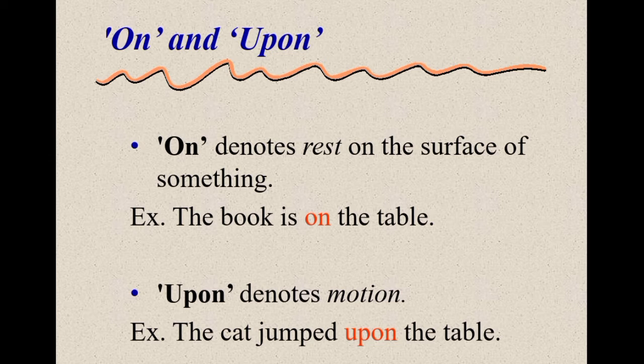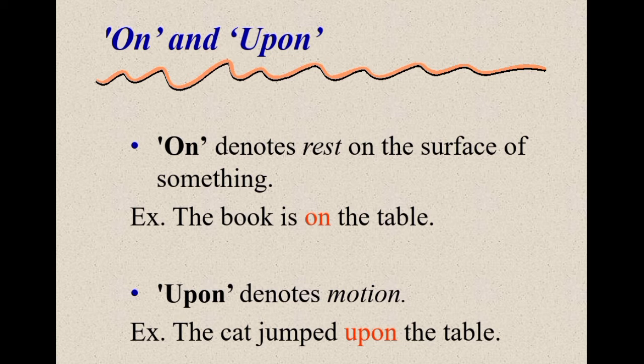Here is the example: The book is on the table. The table is the surface and the book is on it. So we have used the preposition on. Likewise, the cat is sitting on the table, on the cupboard, you can use.